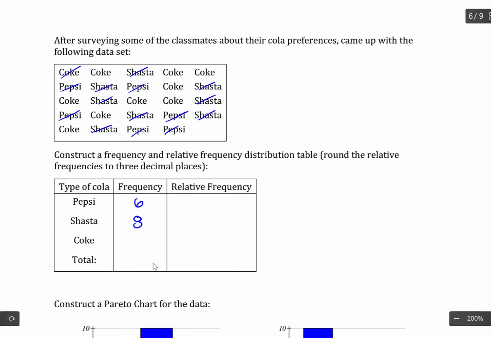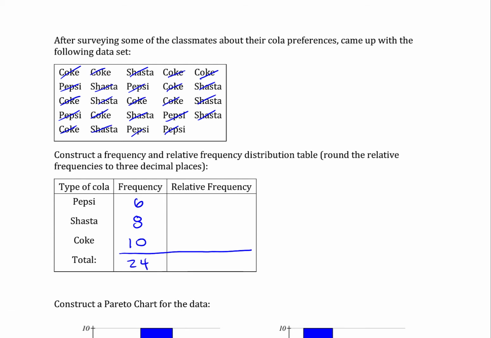Then Coke, there's 1, 2, 3, 4, 5, 6, 7, 8, 9, 10. And the total there, if we add together 6, 8, and 10, that would be 24.